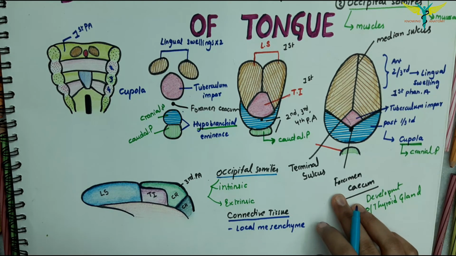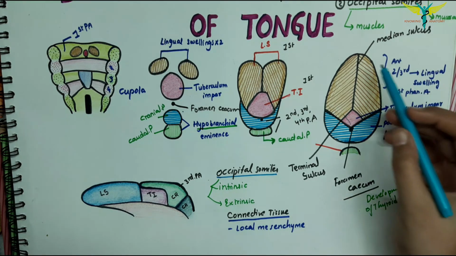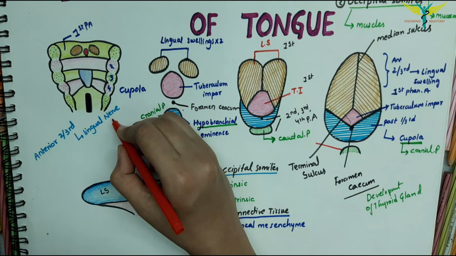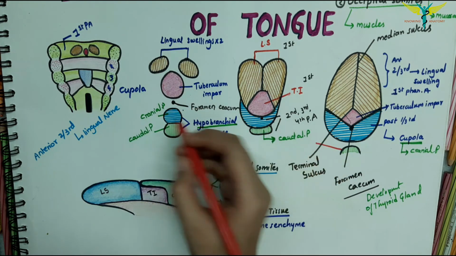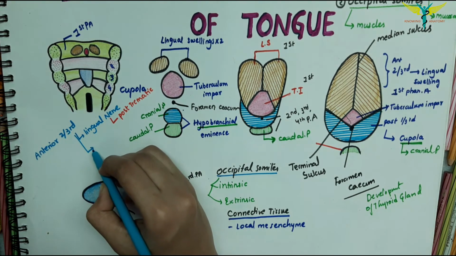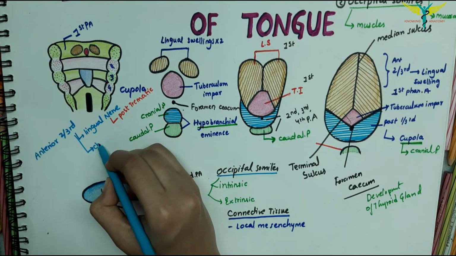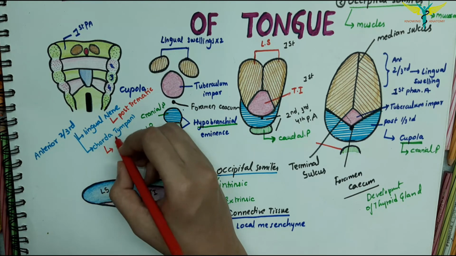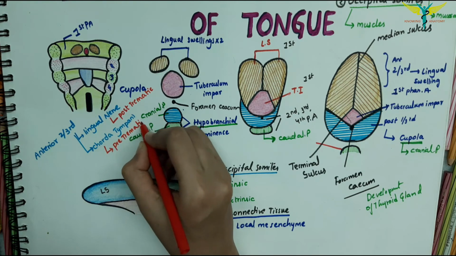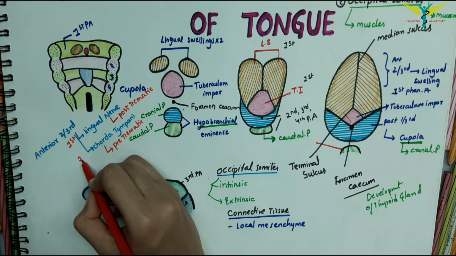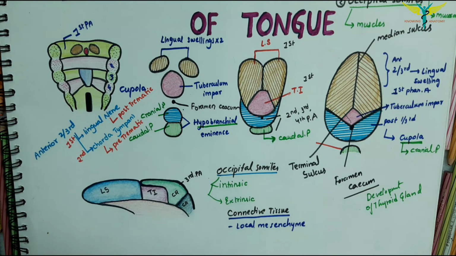Now let's talk about the nerve supply. For the anterior two-thirds of the tongue, the lingual nerve gives the post-trematic nerve supply. The anterior two-thirds is also supplied by the chorda tympani, that is the pre-trematic part of the second arch. So the lingual nerve is from the first arch and the chorda tympani is from the second pharyngeal arch.